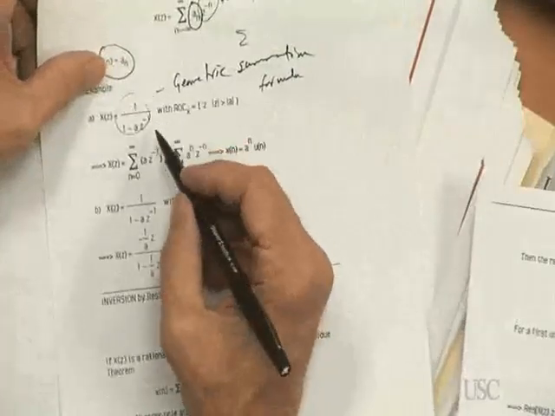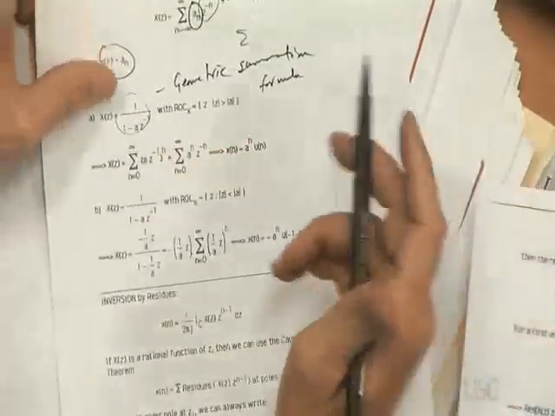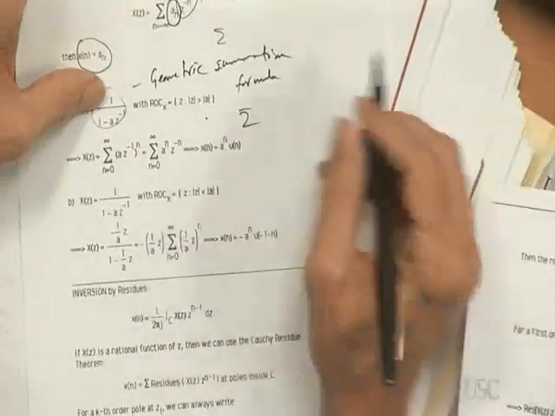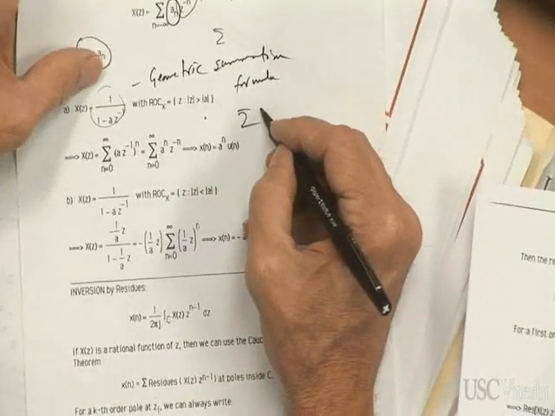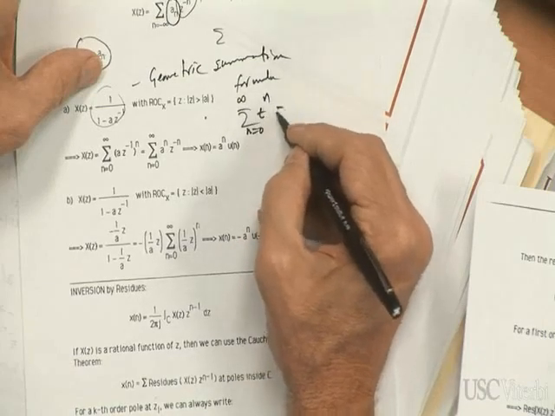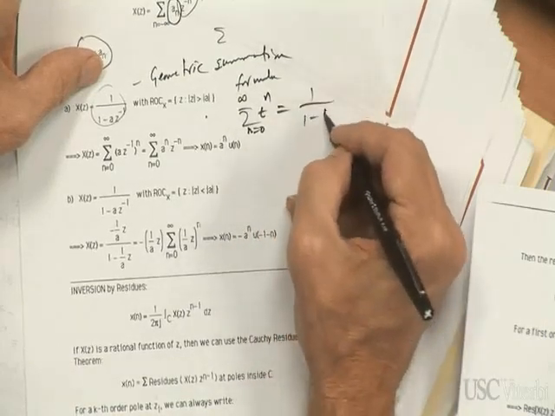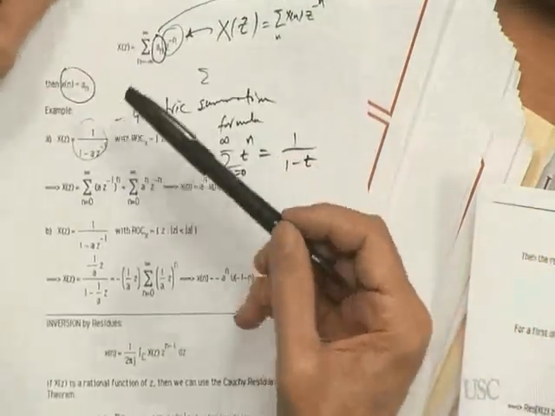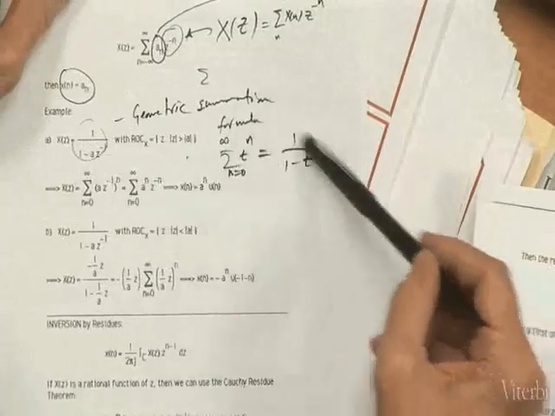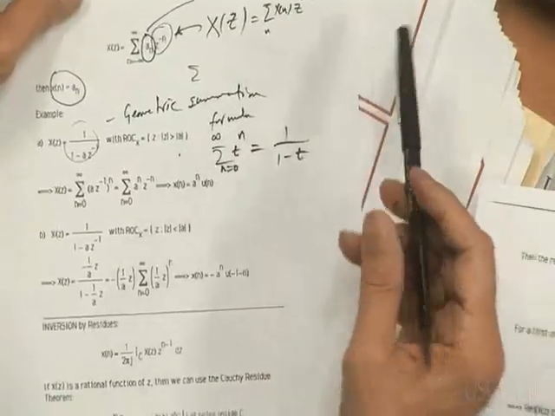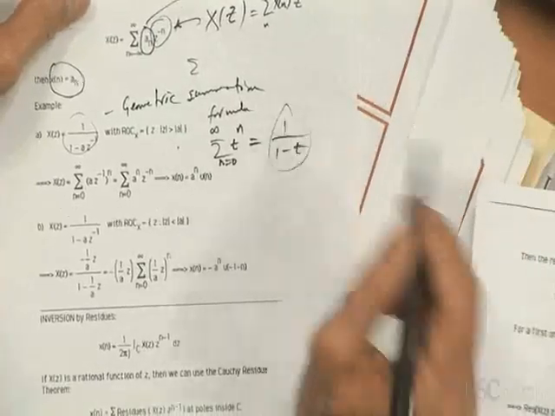If I tell you that, then you can go off and expand this 1 over 1 minus a z inverse in a geometric series. And recall, the formula is 1 over 1 minus t. So if you can expand 1 over 1 minus a z inverse into a geometric sum form, then you immediately have this result.